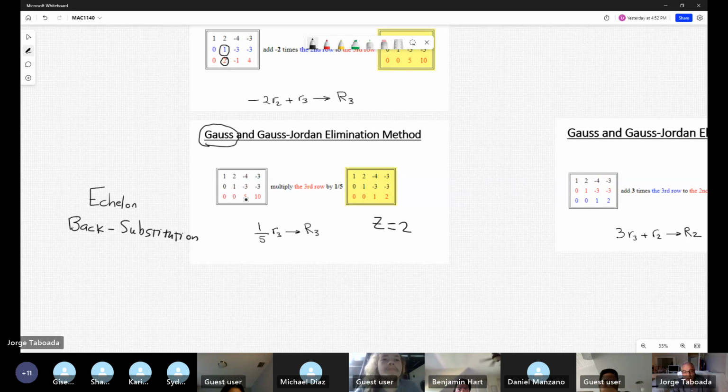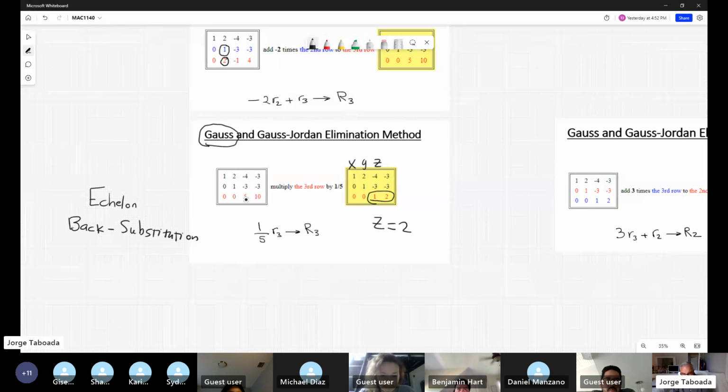Look at that. This equation. Remember, this is the X, this is the Y, this is the Z. In this equation, the third row, last row, no X, no Y, Z is 1 coefficient, and the value is 2. Now, if you want to continue the solution of the system, well, okay, no problem, let's do it.